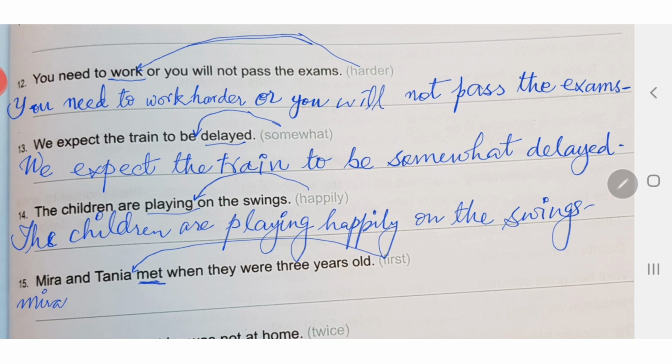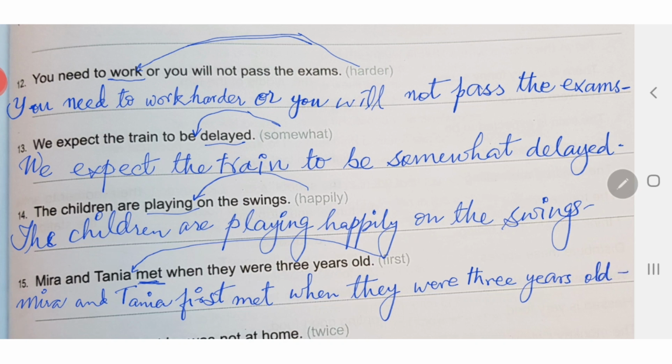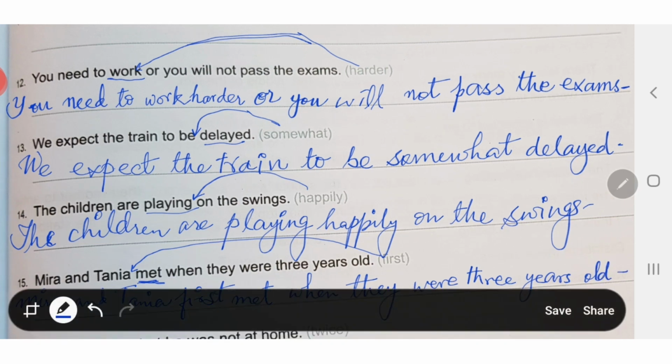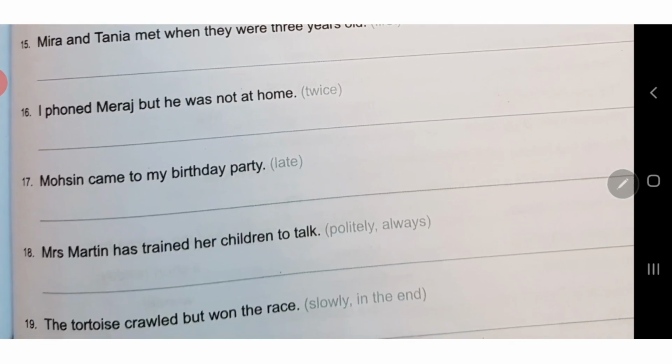Mira and Tanya first met when they were 3 years old. Full stop. Clear? Clear to you all, students? Yes, it's so fun. Now let's come to number 16.